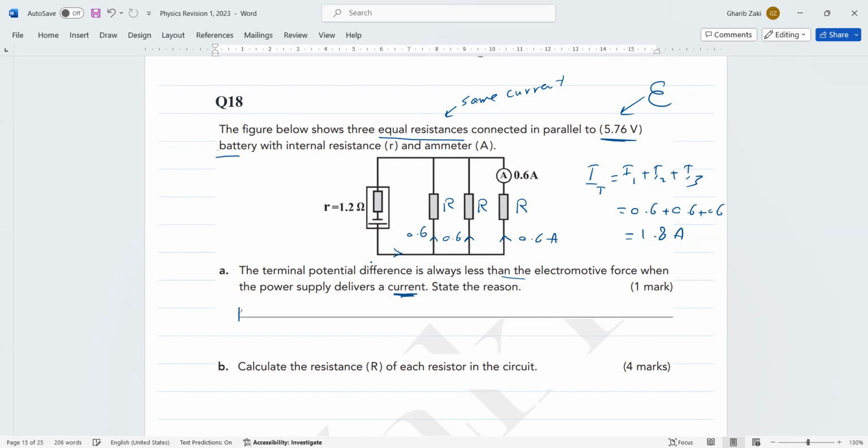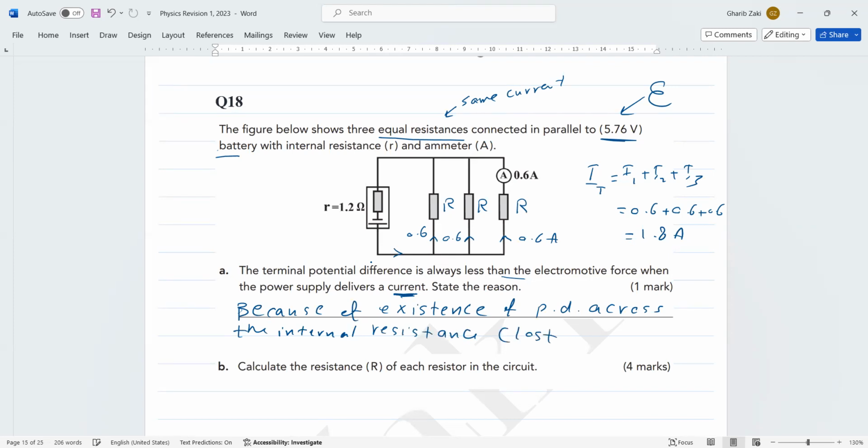Okay, so we write here because of existence of potential difference across the internal resistance, which is called what?